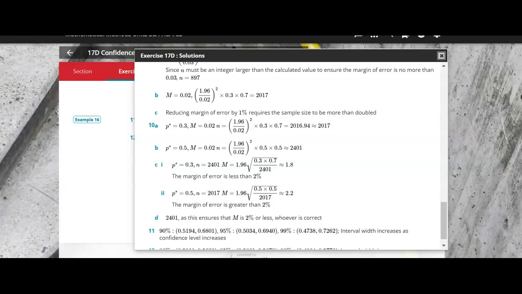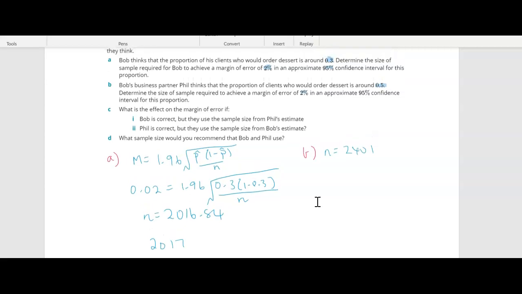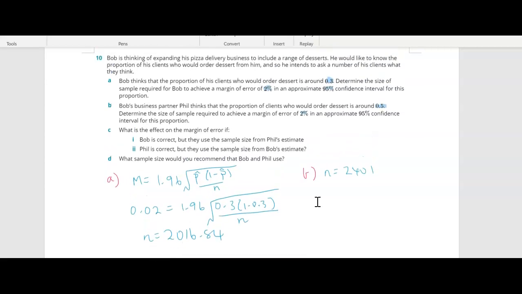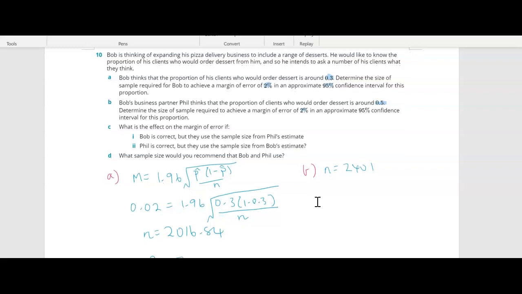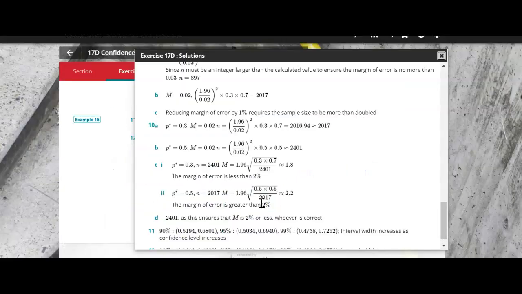So question D is asking, what sample size would you recommend Bob and Phil use? Okay, so it's saying, would you like to have a margin of error greater than 2%?